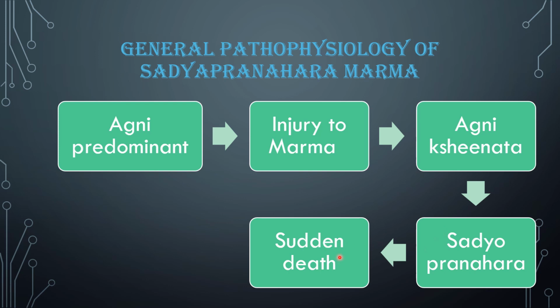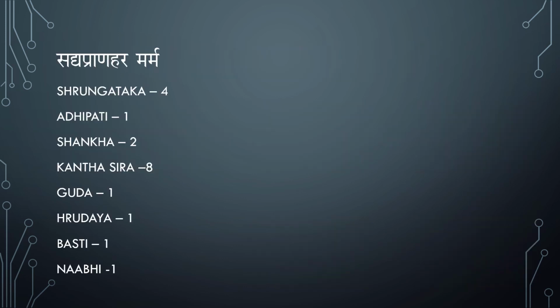Here sudden death means within 7 days the person is going to die for sure. Here the Sadhya Pranahara Marmas are Shungataka 4, Adhipati 1, Shankha 2, Kanthasira 8, Guda 1, Hrudaya 1, Basti 1, Nabhi 1. So total 19 in number.